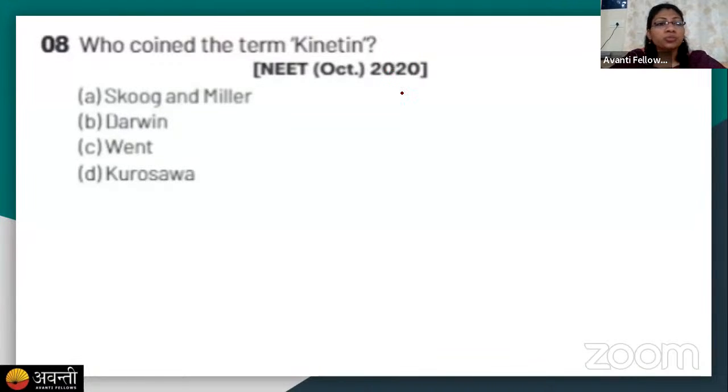The next question says, who coined the term kinetin? This term you are familiar with. Who is the scientist who coined the term kinetin? You have to find out.